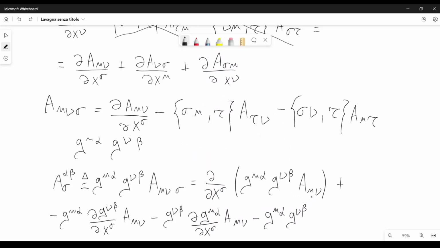So we get Christoffel symbol Γ^τ_{σμ} A_{τν}.